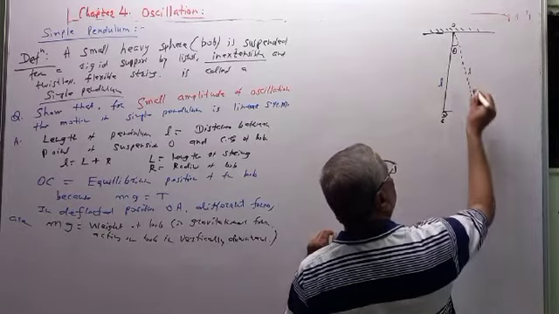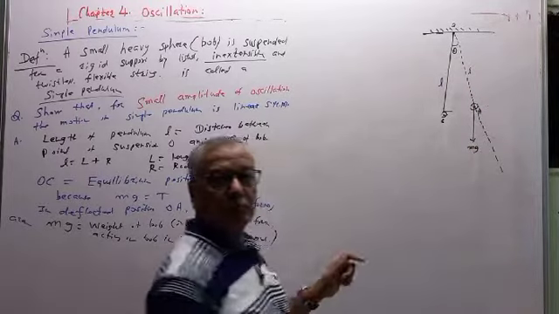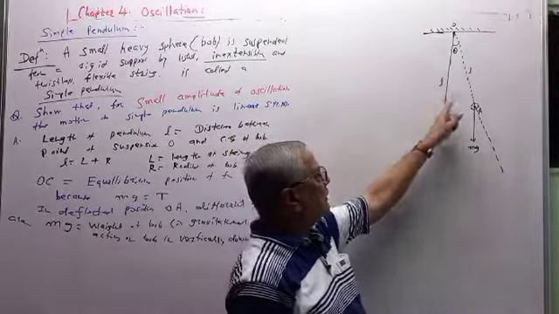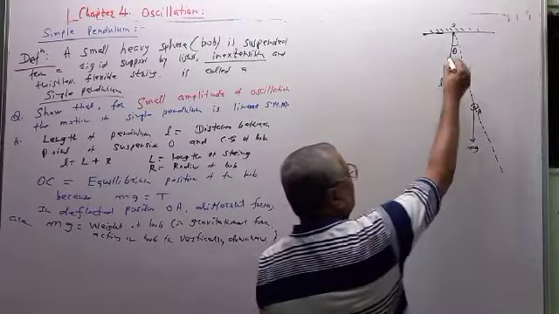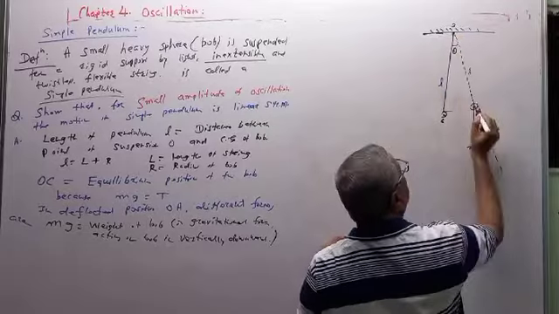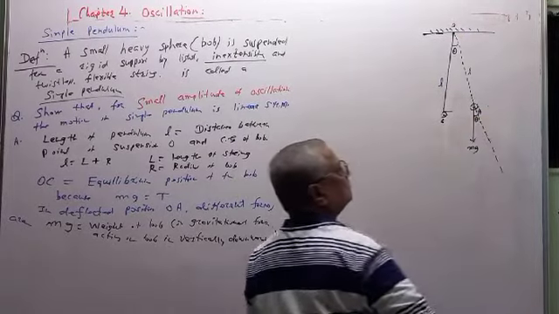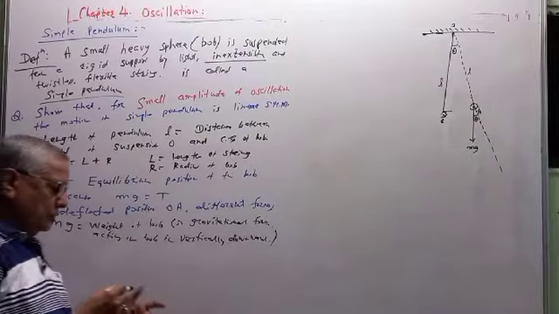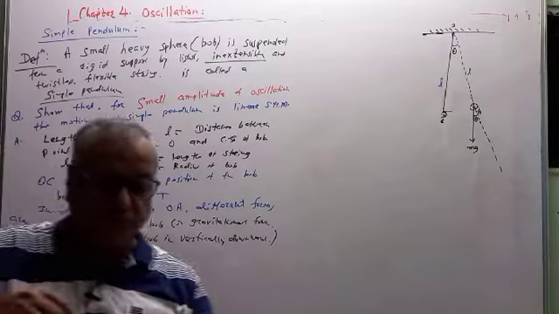Now if you extend this line, then these are two parallel lines, OC and this is a line intersecting them. So if this angle is theta, then this angle is also theta. This angle is also theta. So mg is resolved into two components.